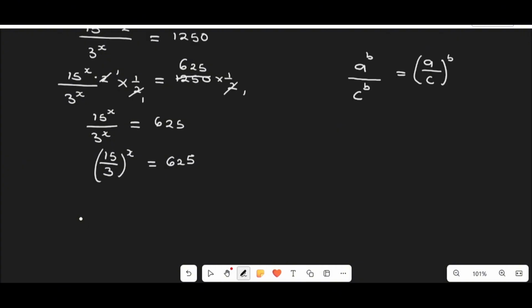Now 3 here 1, 3 here 5. So the equation will become 5 raised to power x equal to 625.